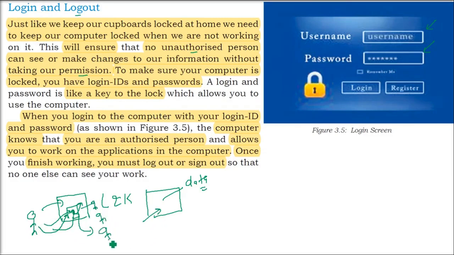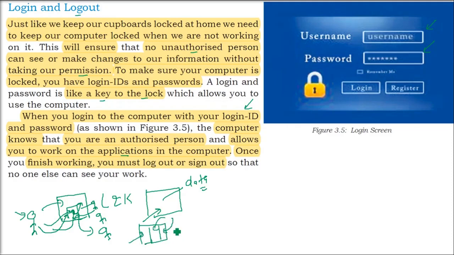You have different keys, like your father, your mother, or your wife have different keys. It means they also have their keys to enter the house. Similarly, people who are working on this computer will have some login ID and password, which is equal to the key or the lock in your house. So when you log in to your computer, you use a login ID, that is login identification, and a password code.